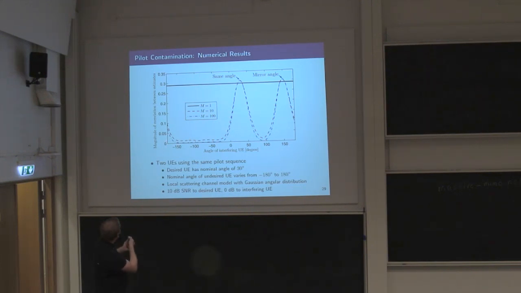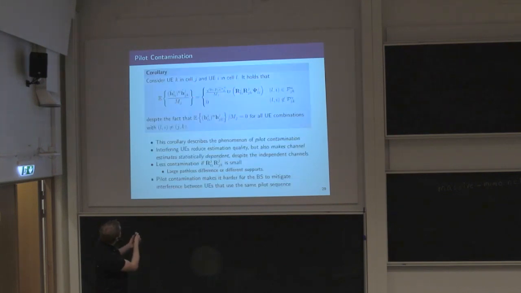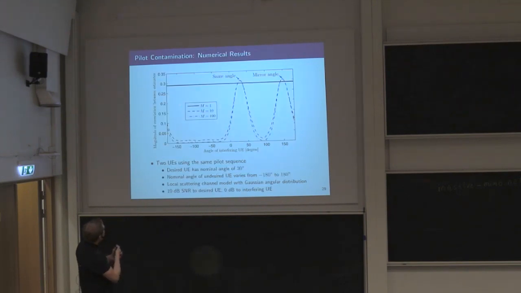And here I'm plotting this expression from the previous slide that says something about how correlated these estimates are. It's a bit arbitrary that I selected that notion, but it's an inner product that scales with the number of antennas. The interesting thing is that if I have one antenna at the base station, I get the same value all the time. So it doesn't matter from which direction the interfering user is, how correlated my channel and that user's channel are, they are the same.